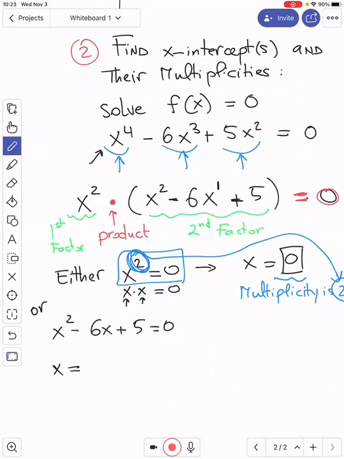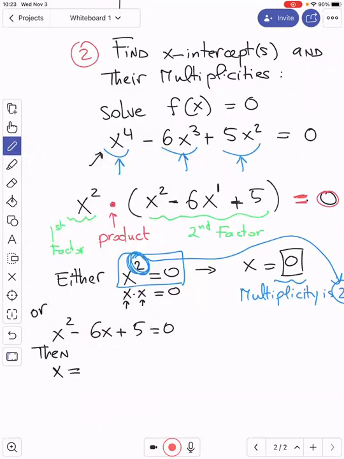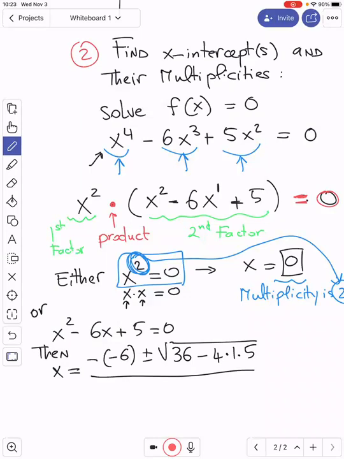Your x is minus b, so minus -6, plus or minus the square root of b squared, that's -6 squared, which is 36, minus 4 times a times c, over 2a, so 2 times 1.